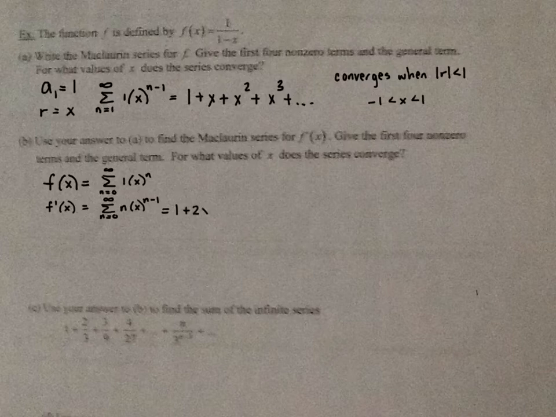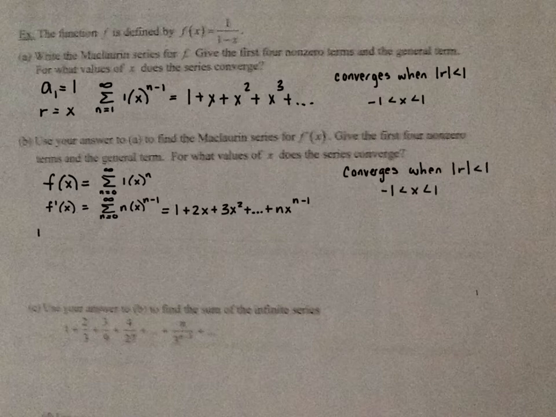So f prime of x is 1 plus 2x plus 3x squared plus ... plus nx to the n minus 1. This is going to converge when the absolute value of x is less than 1, so in between 1 and -1. But remember what I said, that you still have to test endpoints just to make sure that the interval did not change.